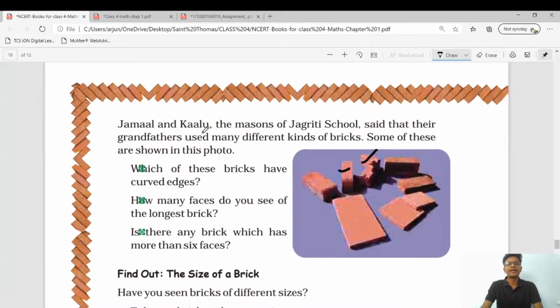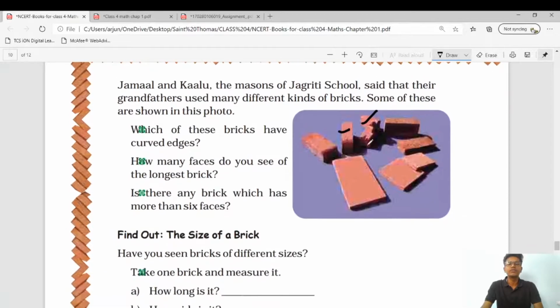Jamal and Kalu, the masons of Jagriti school, said that their grandfathers used many different kinds of bricks. Some of these are shown in this photo. The question is, which of these bricks have a curved edge?